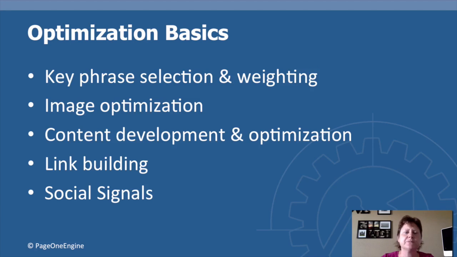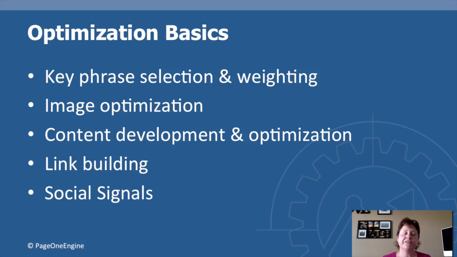Okay, let's talk about some optimization basics. If you happen to be a very experienced search engine optimizer already, you might want to skip this section. If you're not, this is the meat and potatoes, the basis for everything you're going to learn or do later. We need to know these optimization basics.